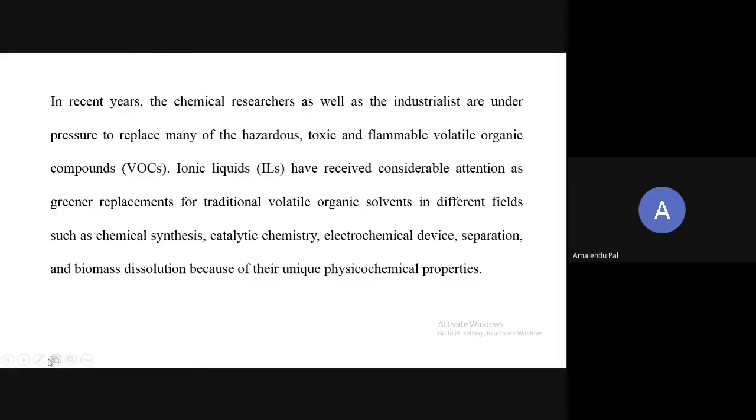In recent years, chemical researchers as well as industrialists are under pressure to replace many of the hazardous, toxic, flammable, volatile VOCs. We have to replace most of the organic chemicals and use ionic liquids in place of them. So that is the greener replacement for traditional volatile organic solvents in different fields.